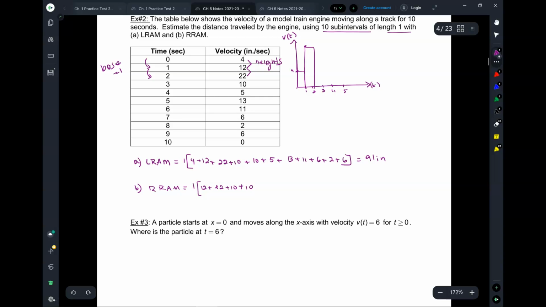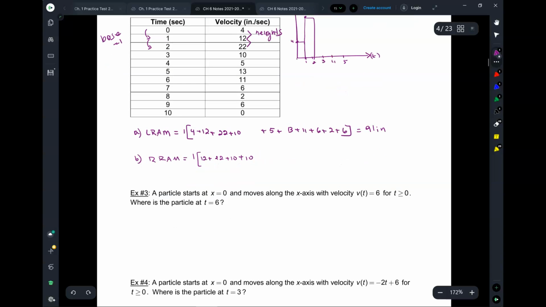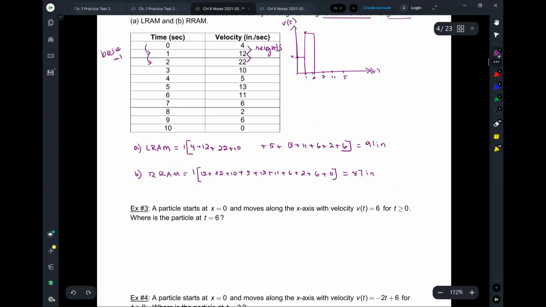Oh, I have 2 10s before. All right, so 4 we don't have to do. So 12, 22, 10, 5, 13, 11, 6, 2, 6 plus 0. And that's 87 inches. Okay?